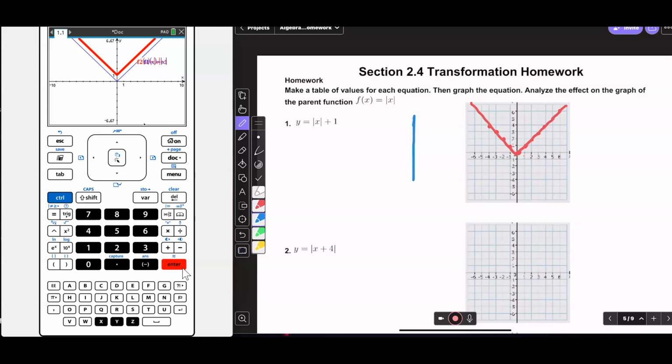I want to make my x and y table. So let's go to the menu, table, split screen. And I'm going to select the second function, that's the absolute value of x plus 1 that I'm using.